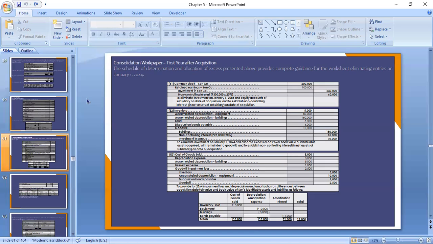And the second entry will be to record inventory because of the undervaluation, then accumulated depreciation of the equipment, and we have now the amount of 80,000 debit to accumulated depreciation of buildings, debit to land, debit to discount on bonds payable, and we have to credit here.